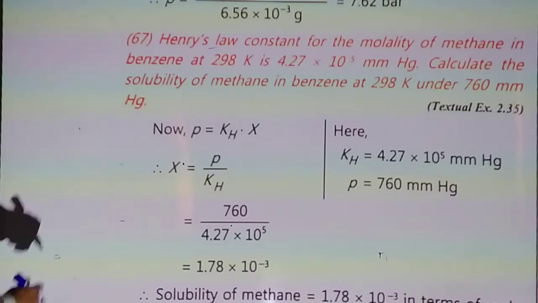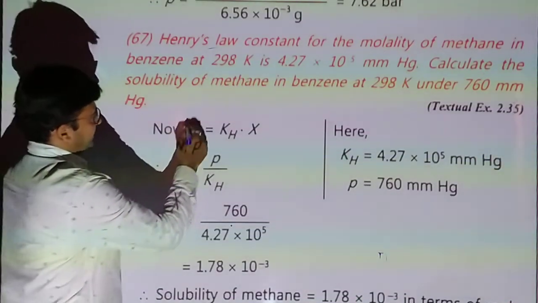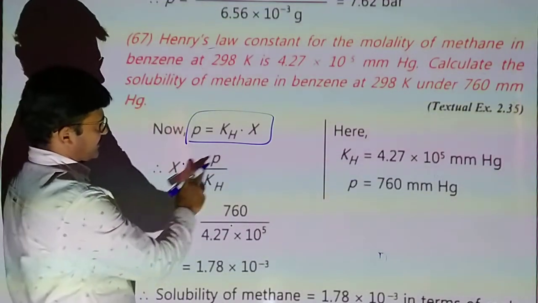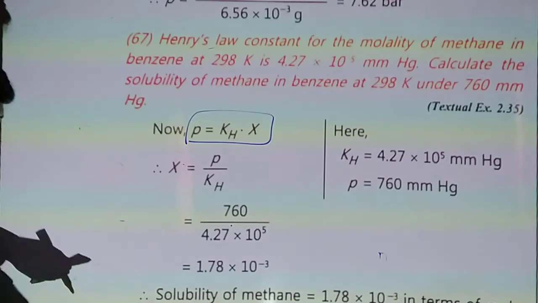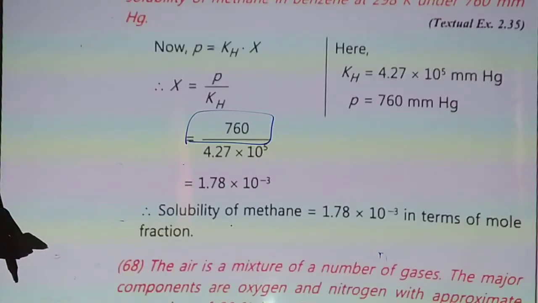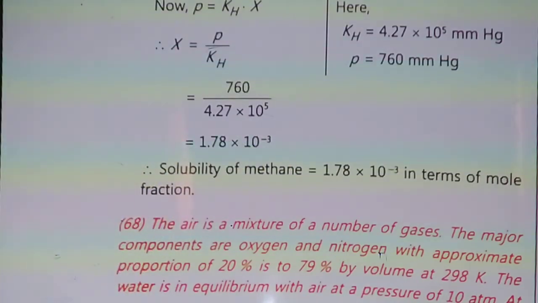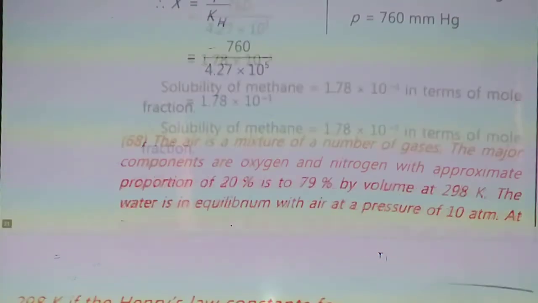We know the Henry constant KH is given, and we have to derive the solubility of methane at 298 Kelvin and pressure 760. According to Henry's law, P is equal to KH into X. KH and partial pressure are given, so the mole fraction we get is 1.78 × 10⁻³. So the solubility of methane is 1.78 × 10⁻³ in terms of mole fraction.